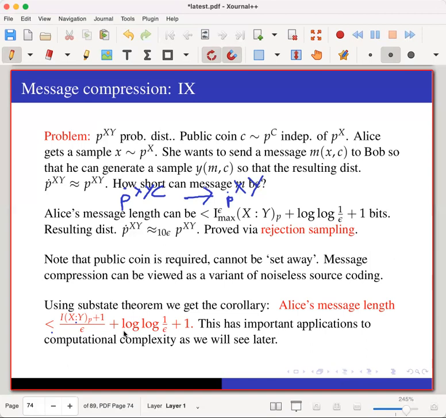As we'll see maybe a week or so later, this has important applications to computational complexity. I told you that the motivation for doing one-shot information theory comes from a deeper study of information theory itself, which is what we are doing, but it also comes from other areas. One of the areas is computational complexity, and this form is very useful for a certain problem there.